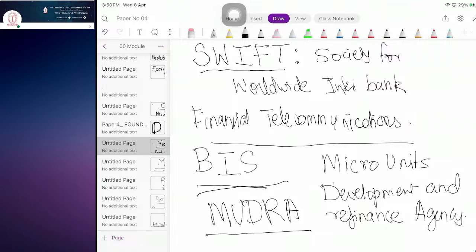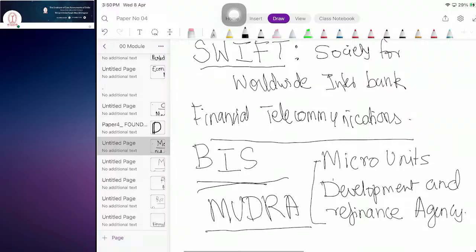So this is the meaning of the word Mudra. Micro Units Development and Refinance Agency.